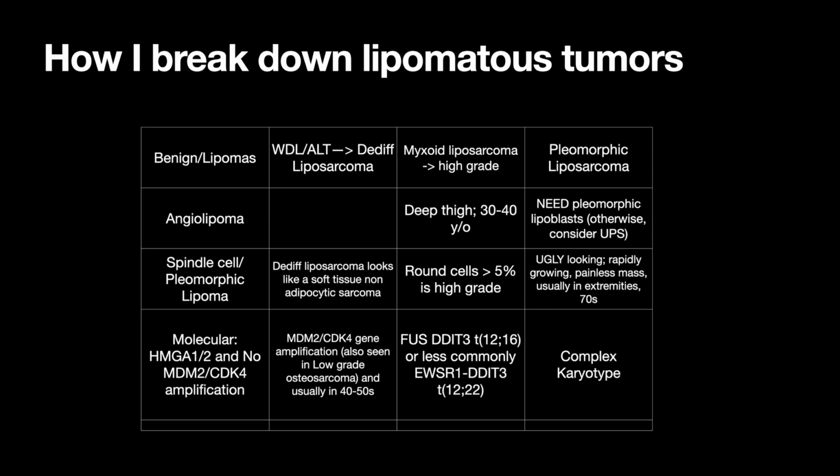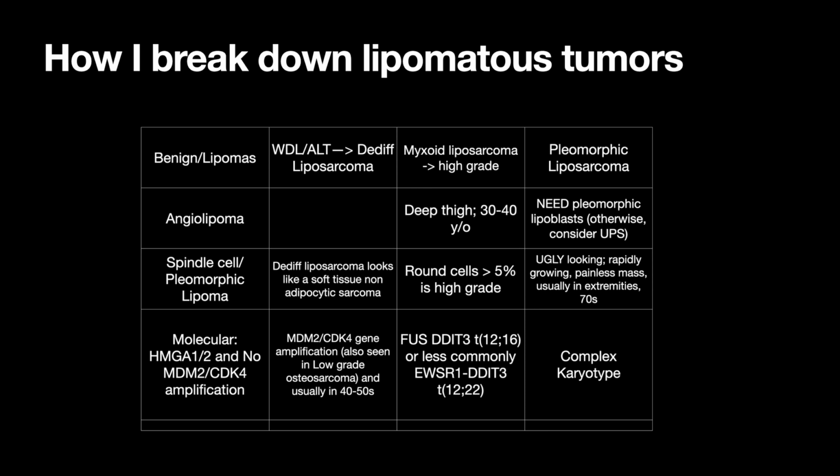You want to think about whether what you sampled is a well-differentiated liposarcoma on its way to becoming a D-diff liposarcoma, or just a well-differentiated liposarcoma, or really easy to know it's a D-diff liposarcoma. Again, the bottom line is to think of it as a transition.